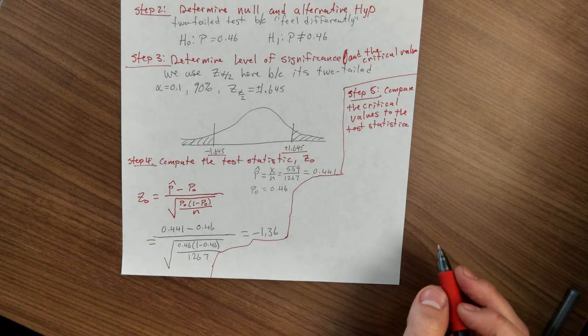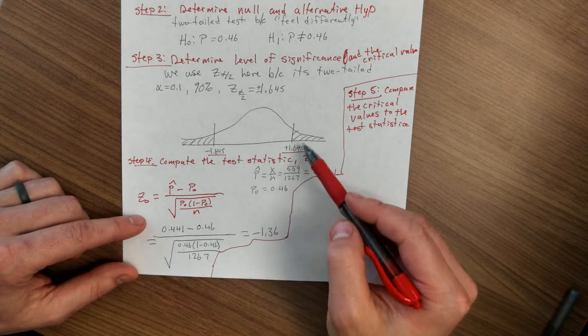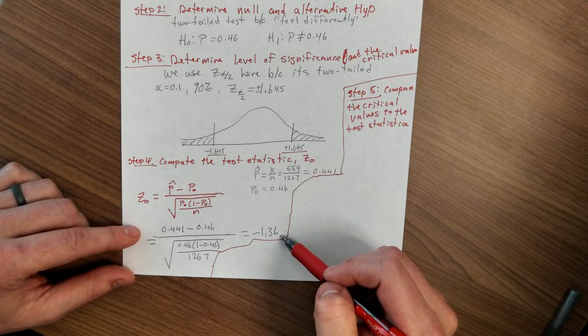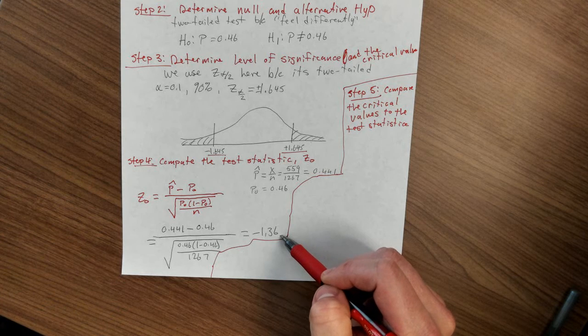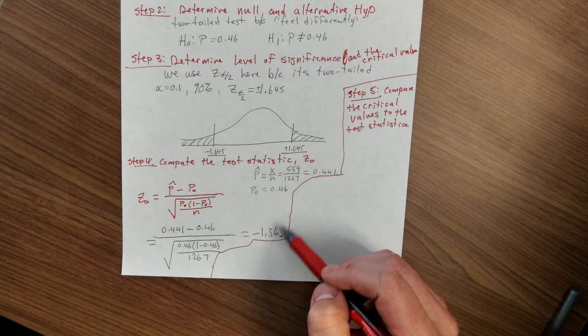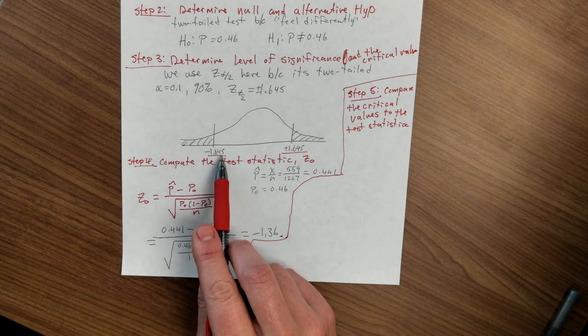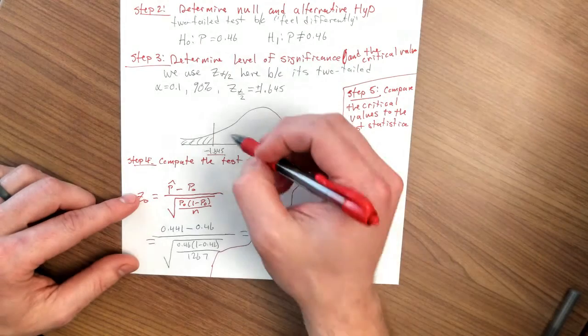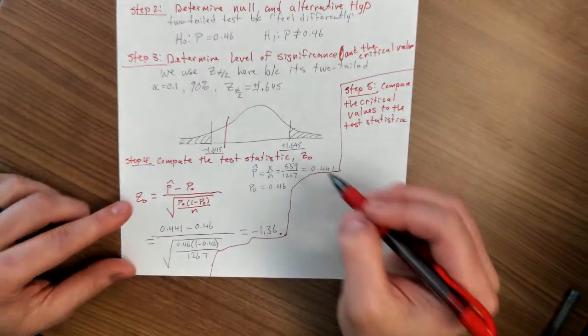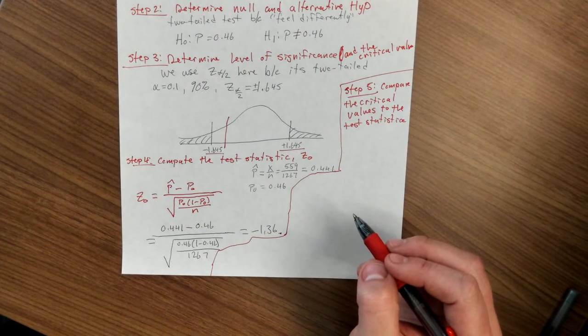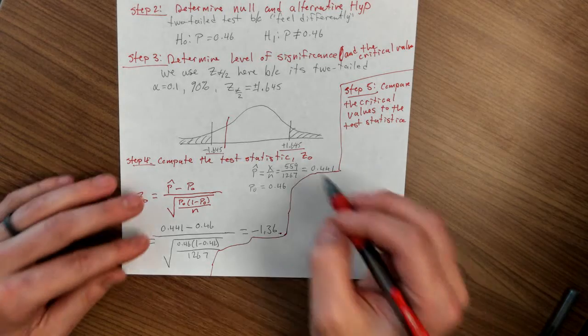All right, so now we want to compare those. Let's come back up here to our graph, and we want to see where this test statistic that we just computed, z-naught of negative 1.36, lies on this graph. So here is negative 1.645, so that means negative 1.36 lies right there.